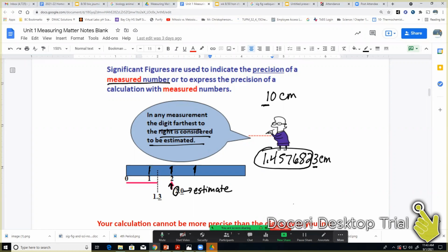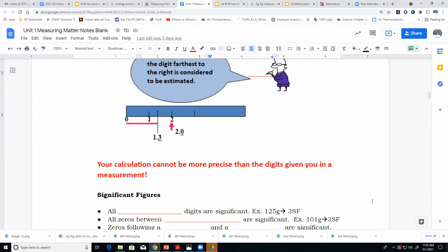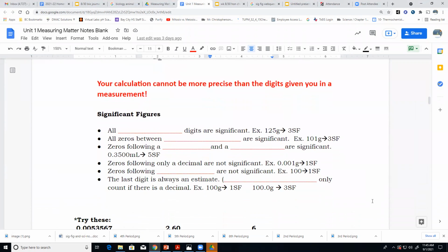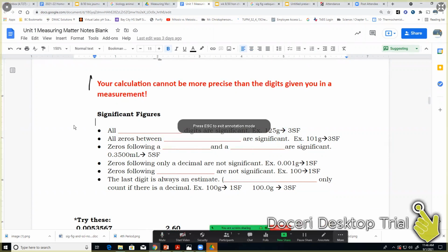So that's what sig figs are about. The whole thing about sig figs is that you cannot make a calculation that is more precise than the digits given to you in the measurement. That's the whole basis of sig figs.